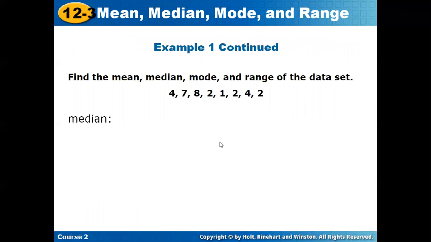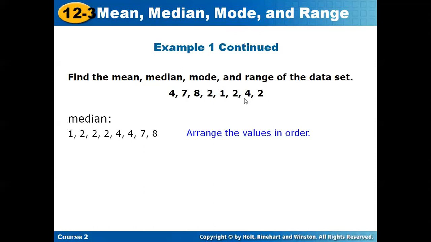Okay, what about the median? If you're going to find the median, first we arrange the data in order. When you arrange that one, it can be from the smallest to the largest, or from largest to the smallest. The smallest number here is 1. We have how many 2? We have 3.